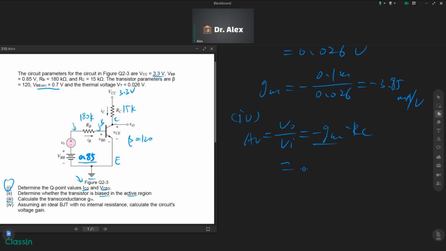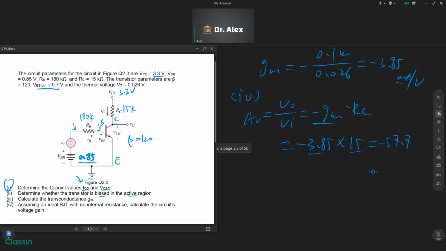We know Gm is 3.85 milli, times RC, which is 15 kilo. Milli will be removed by kilo. So 3.85 times 15 is minus 57.6. Sorry, 0.7. Yeah, that's the basic idea.